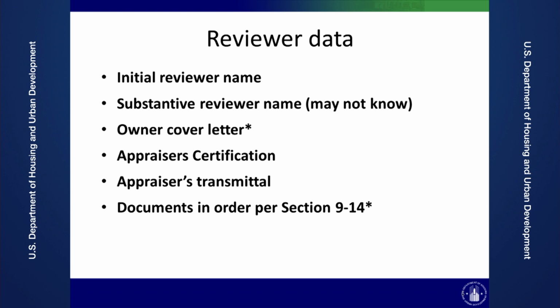There's an appraiser certification that needs to come along, needs to be checked, an appraiser's transmittal, and the documents in order of section 9-14. There's a little note at the bottom of the page in 9-14 that gives all the documents and the order of those documents.